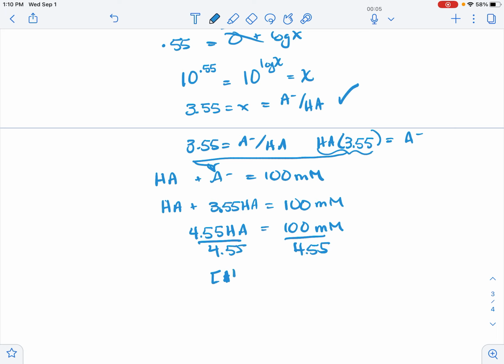Concentration of HA is equal to 22 millimolar. We know that they both add up to 100, so 100 millimolar minus 22 millimolar gives us 78 millimolar, and that will be the concentration of A minus.